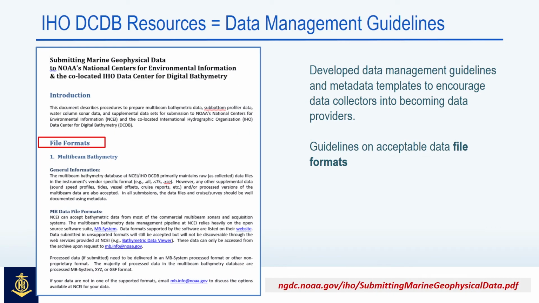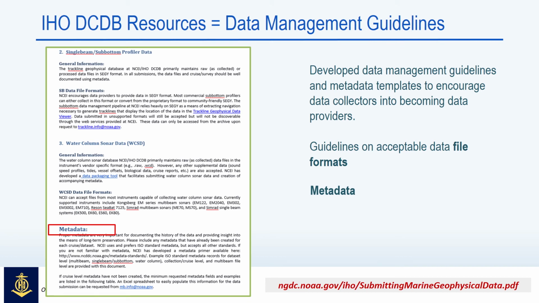This PDF describes our recommended, but not required, procedures for preparing bathymetry and other marine geophysical data sets for submission to the IHO DCDB. It goes into much more detail than what's on our webpage on the raw and processed data file formats that we will accept. It also provides information on metadata with a list of the minimum requested metadata fields.